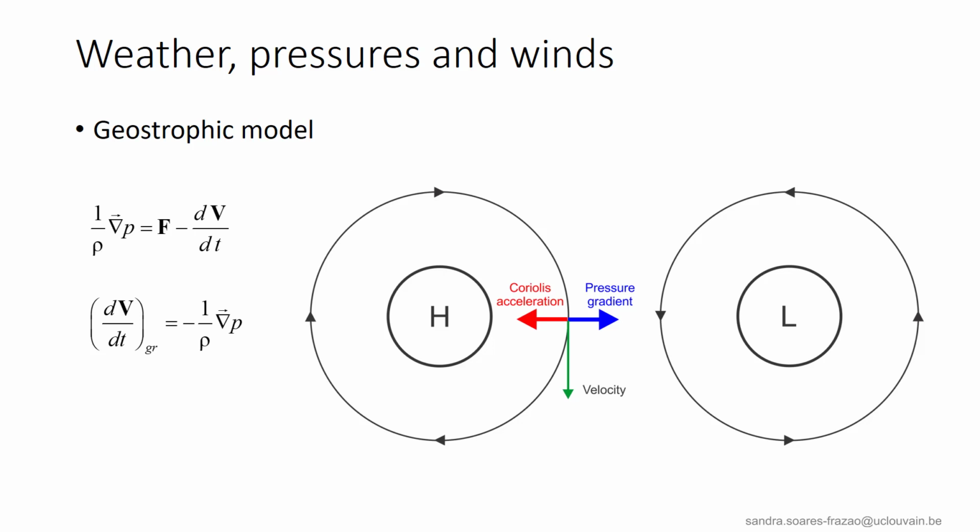The Coriolis acceleration being by definition normal to the velocity, this latter will be tangent to the isobar circles here. So in the North Hemisphere, it will result in a clockwise rotation around high pressure cells and a counterclockwise rotation around low pressure cells.